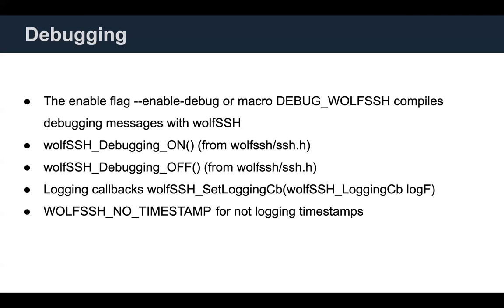By default, when we can, we have timestamps attached to our logging, and since we work with a lot of embedded devices, we understand that there might be some that don't have a good source of time available for logging. So we added the WOLFSSH_NO_TIMESTAMP macro, and that can be used if there's not a good source of time on the device.